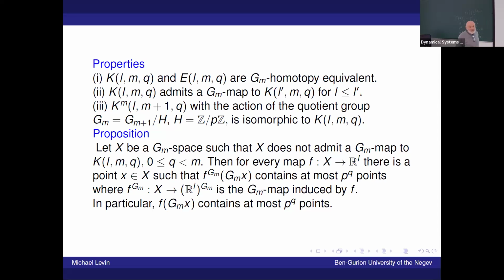The unit sphere is exactly K_q^n. Okay, and it's easy to see that what we get is G-homotopy equivalent. Okay, so in one way it will be just an inclusion, and the other way comes from the radial projection to K_q^n.